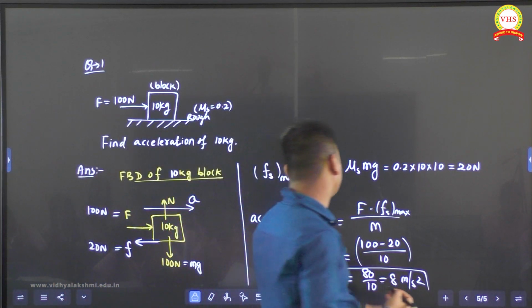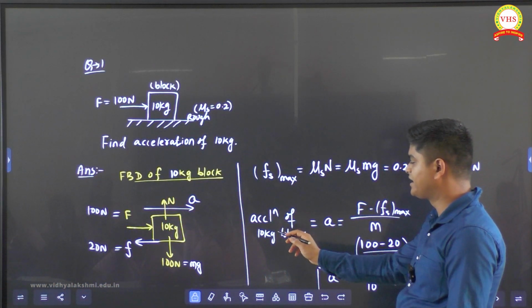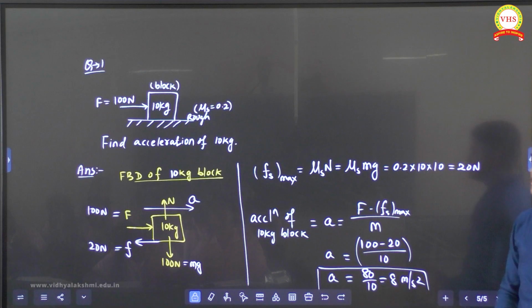So the acceleration of the 10 kg block is 8 meter per second square.